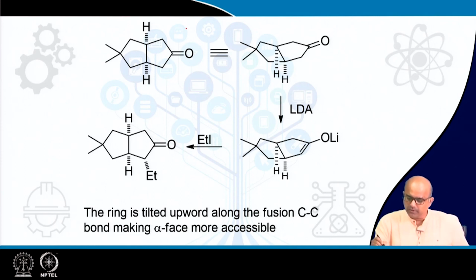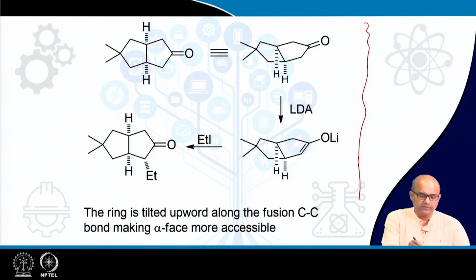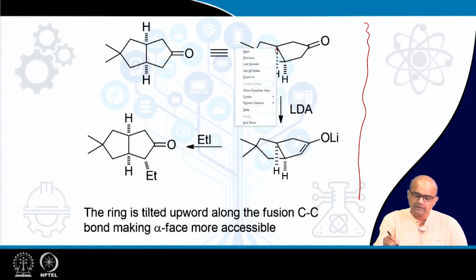Bicyclic ketone, this particular example is very famous. In this bicyclic ketone system, the ring fusion stereochemistry is pretty important. You can see that the hydrogens are below, so around the fusion bond the ring is basically tilted.